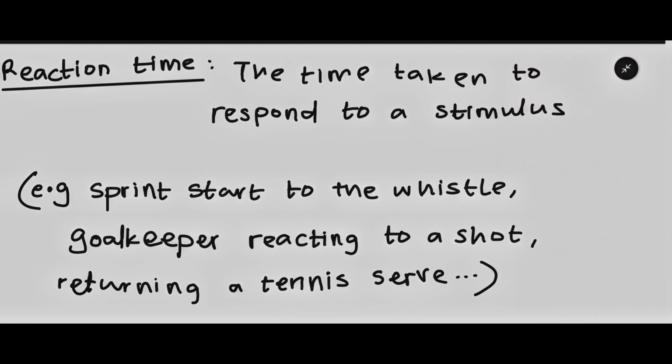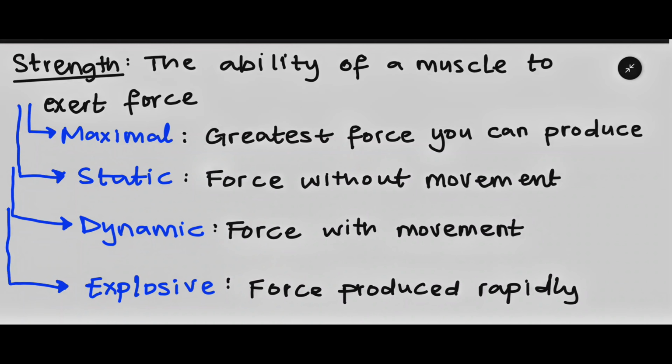Next, we have reaction time. Reaction time is the time taken to respond to a stimulus. For example, sprint start to the whistle, or the goalkeeper reacting to a shot. Next up, we have strength. Strength is the ability of the muscle to exert force. And there are 4 subtypes of strength that you need to know.